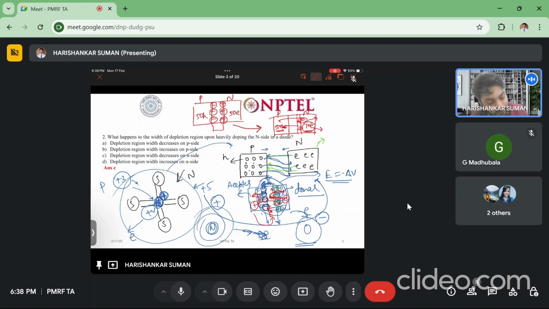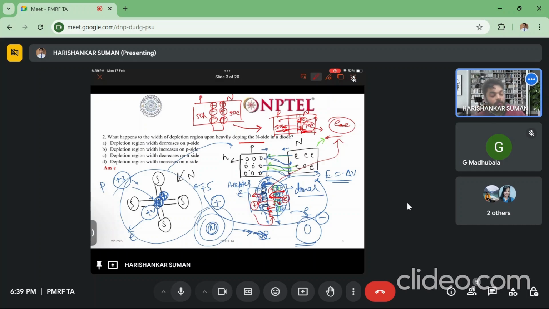Yes or no? Because electrons also feel repulsion force, they can overcome this electric field. Heavily doped means the number of electrons is more.